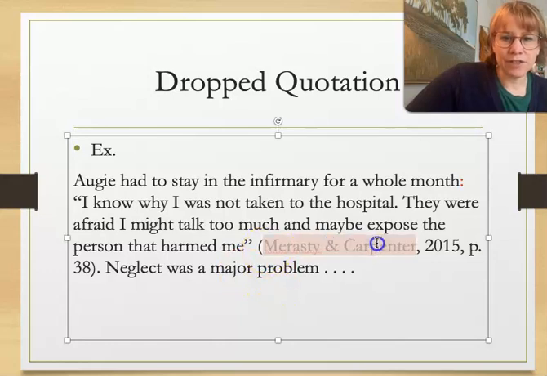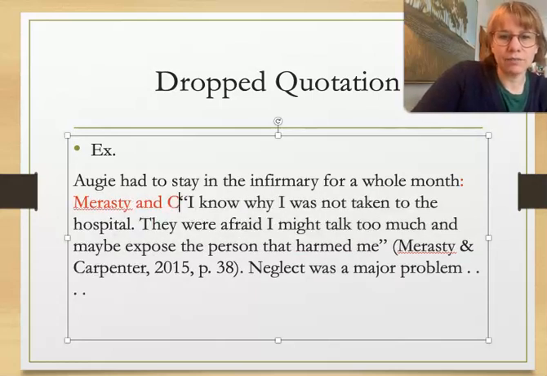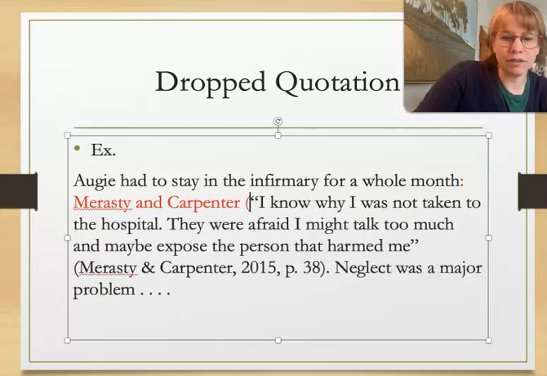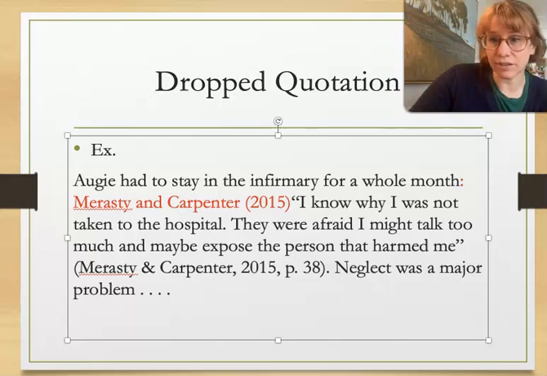If you wanted to incorporate the info of the authors in a signal phrase, then you could also do that. So you would need to, in that case, include both authors' names. A lot of students just put one author's name, and that's incorrect just because you have both authors cited in your reference. So your signal phrases need to correspond with that.